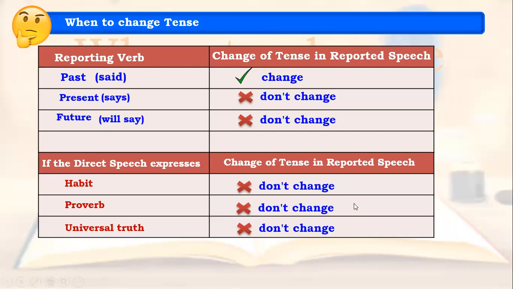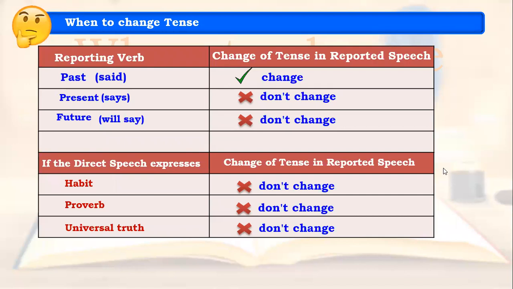Habit means, if I can give you an example here, let's say he says, "I read newspaper every day." Now I am in the habit of reading newspaper. So in this case, this becomes a habit.